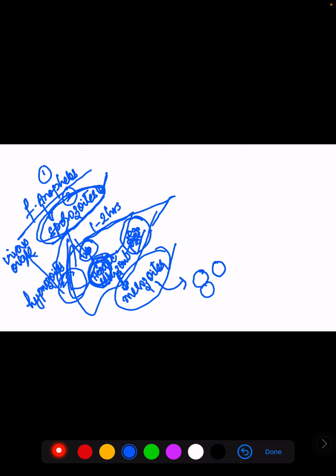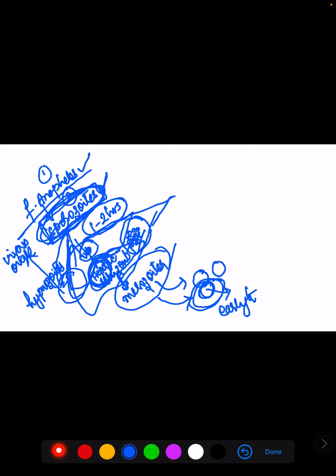The merozoites infect the red blood cells, and then early trophozoites form, that is, there will be a ring form in the erythrocyte. So first, from the mosquito, sporozoites are released. These sporozoites enter the liver within 1 to 2 hours, and in the liver they form hepatic schizonts.